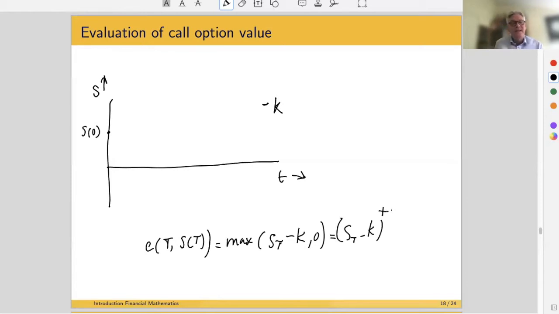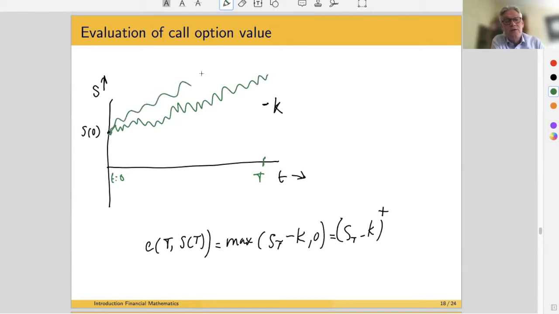How was this again? Well, we had the following. We are now at time T0, right? This is T0. We are here at time capital T. And we have a model for the price process. It could go this way, it could go this way, it could go any way like this.